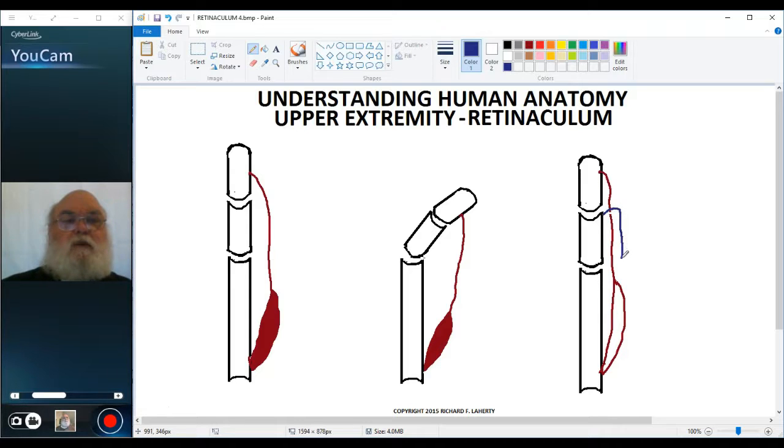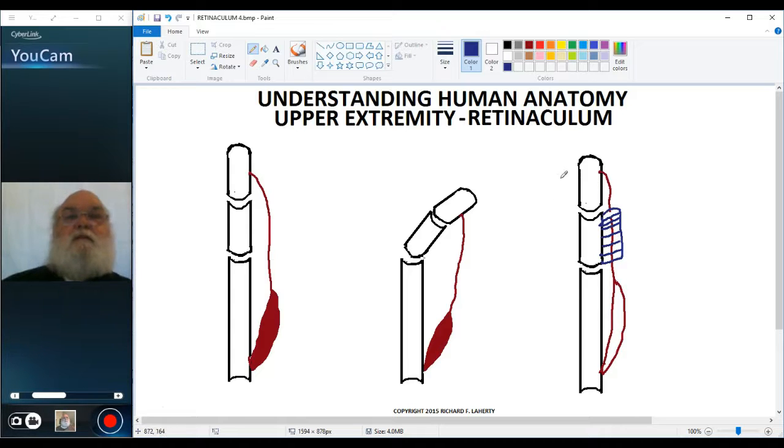I'm exaggerating the spaces involved here, but just to give you the idea that the retinaculum surrounds the tendon and ties it to this middle bone. Now, it doesn't attach to the tendon. The tendon is free to move within the retinaculum.